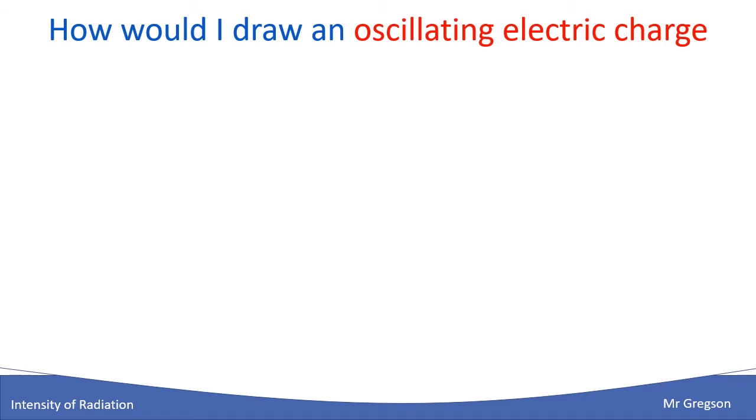Okay, so in this slide, we're just going to take an electric charge and we're going to move them. So I've got a positive charge and a negative charge, and I'm going to flip-flop them. So I'm just going to force the positive charge to go down here and the negative charge to go up there.